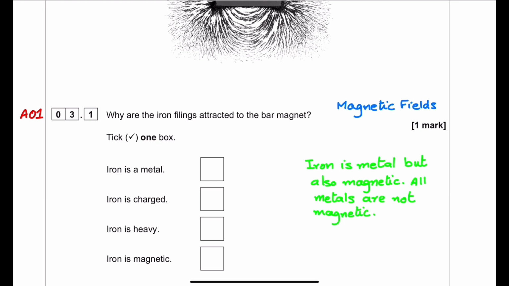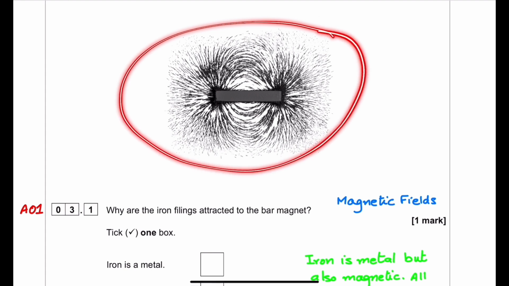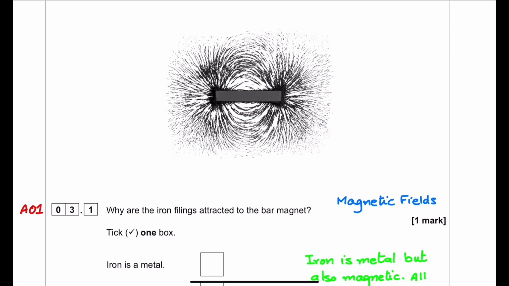Iron is a metal and is also magnetic. Therefore, the iron filings are arranging themselves around the magnet. All metals are not magnetic, therefore they are not attracted by the magnet. The correct option is iron is magnetic. As a result, we can see from the figure that the iron filings are arranging themselves in a pattern around the magnet.